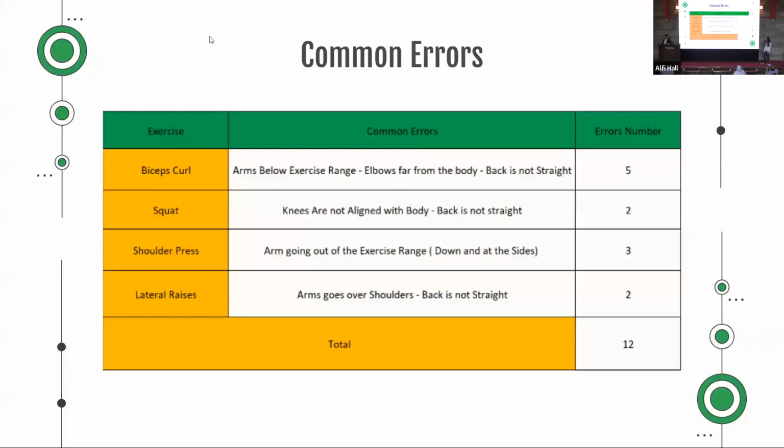Now Zaki is going to talk about the common errors and how we will calculate the accuracy of our evaluation. In this table, we have listed the errors observed from each exercise, and moreover, we are going to seek expert trainers to evaluate our videos and give us feedback.